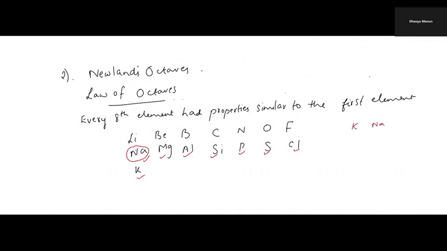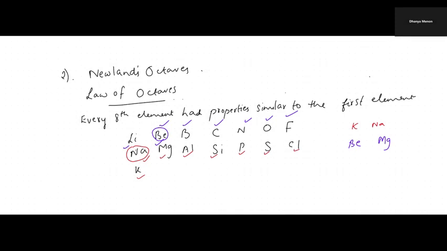Similarly, if I take the example of beryllium: first element, second, third, 4, 5, 6, 7, and 8. So beryllium will show similar behavior to magnesium. So this is Newland's law of octaves, that every 8th element had properties similar to that of the first one.